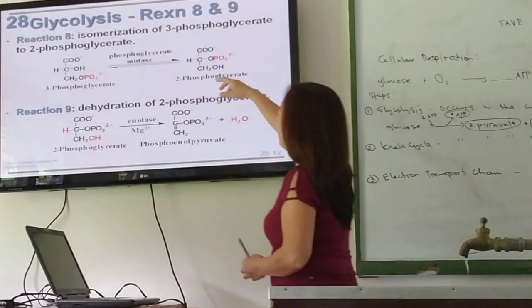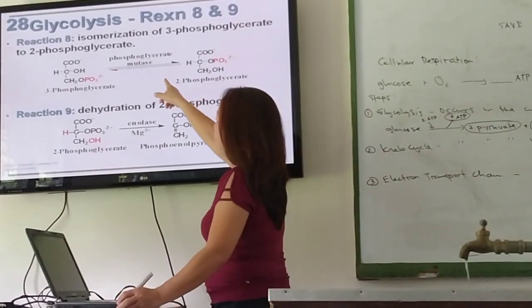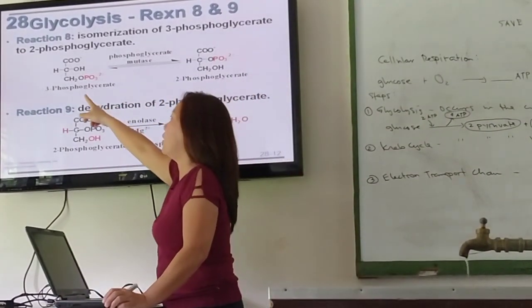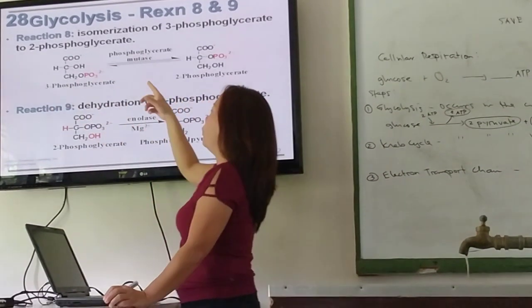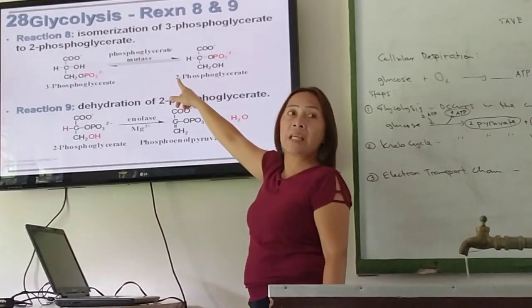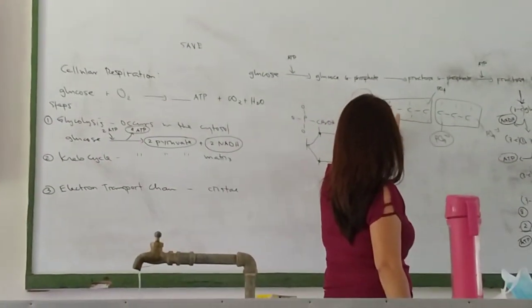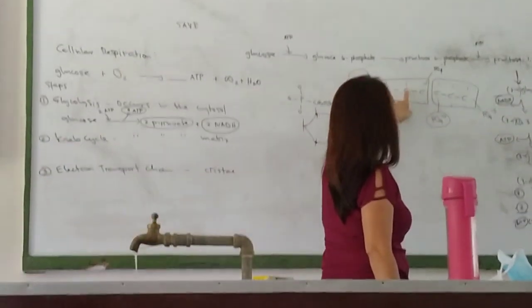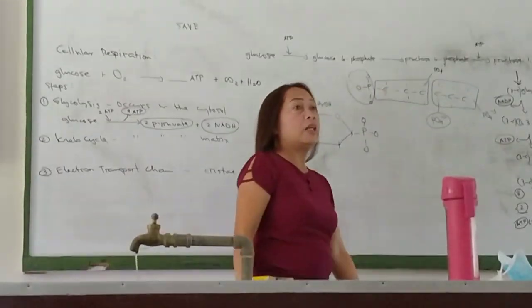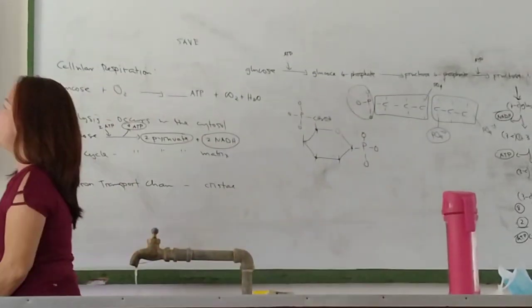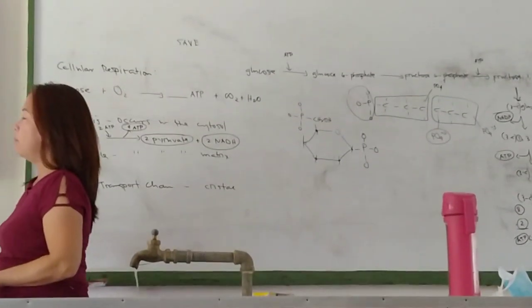The phosphate on the third carbon will just be transferred directly to the second carbon. That is catalyzed by phosphoglycerate mutase.